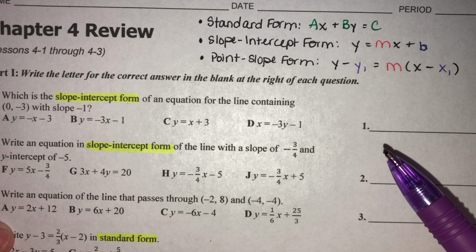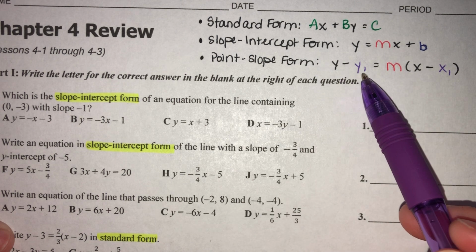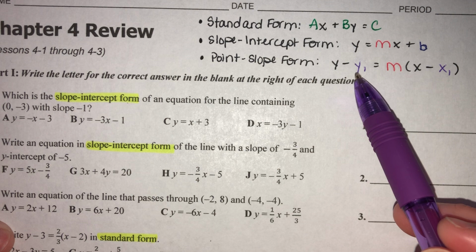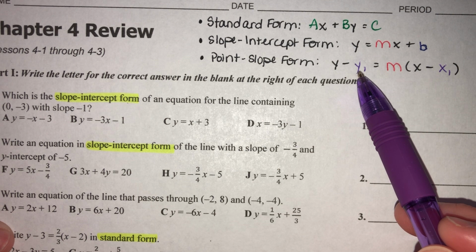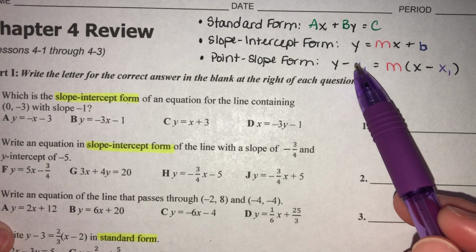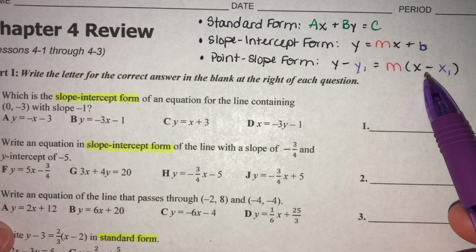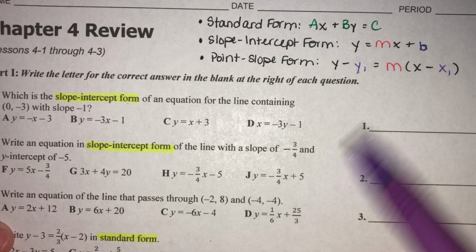So x comma y, right? And so your x value is going to go here, and your y value is going to go here. So your x comma y value is your point on your line, or a solution to your equation, and your slope is here. Y minus the y value of your point equals m, the slope, times x minus the x value of your point.